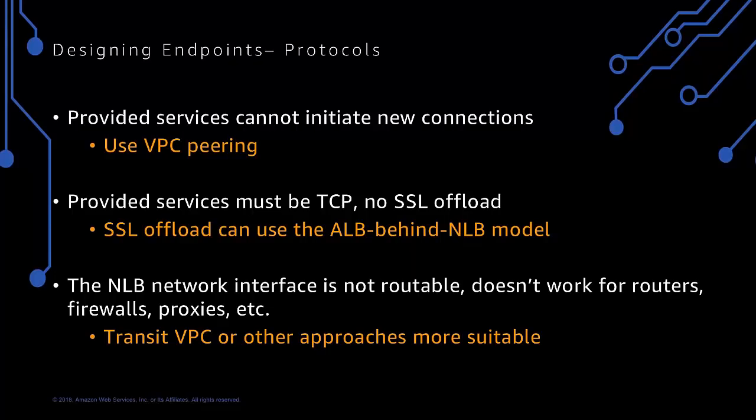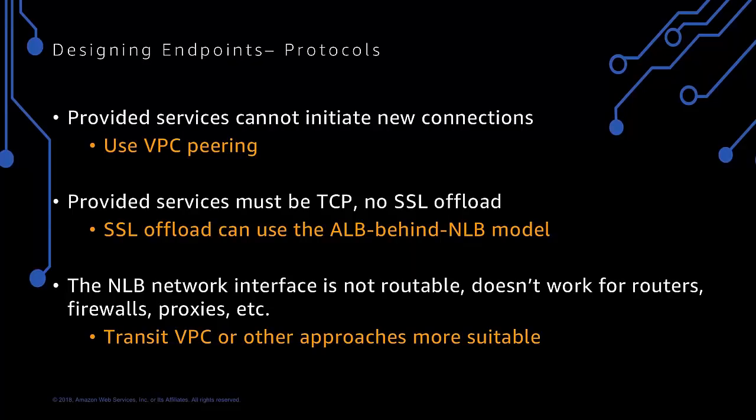If you set a route to the network interface of a load balancer, anything that isn't just the load balancer's listening address and port is going to get dropped. So you can't route through that today. In that case, we have some other network architectures that work. So you may just want to use a transit VPC there. We've got a lot of other content on that, but that's a different use case.